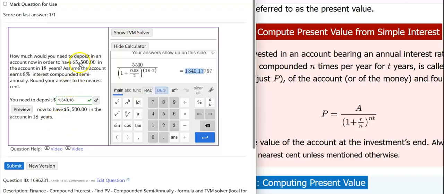So in order to have $5,500 in 18 years, you have to deposit $1,340.18 now, and then it grows to that much after 18 years. Okay, that's how you do a present value problem. Thank you for watching. Bye.